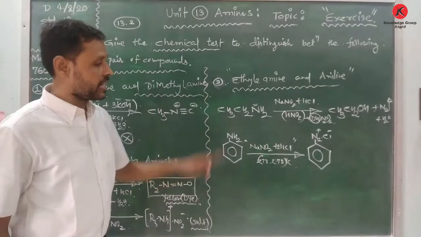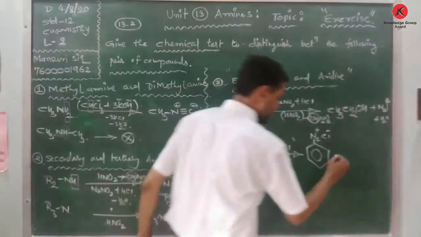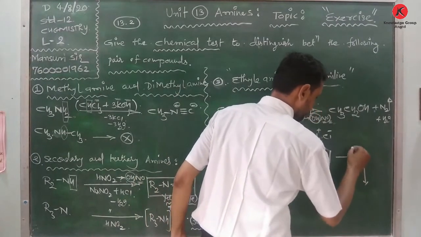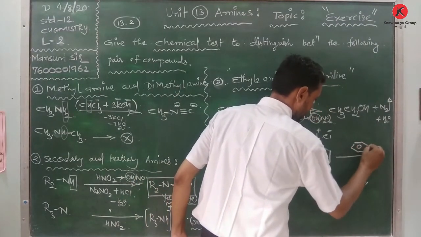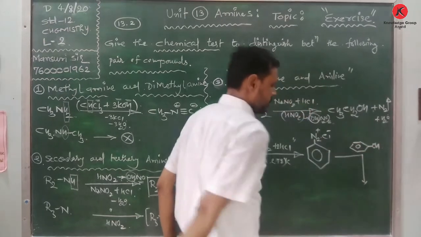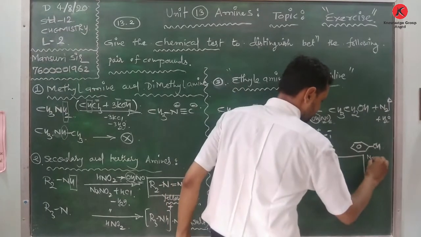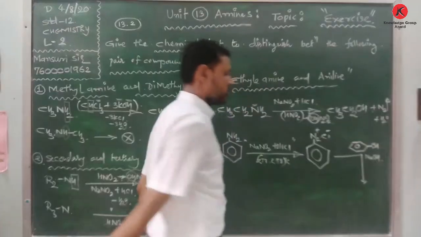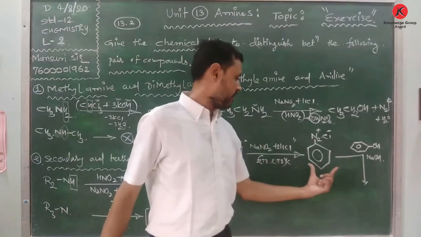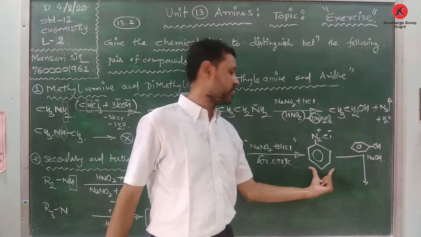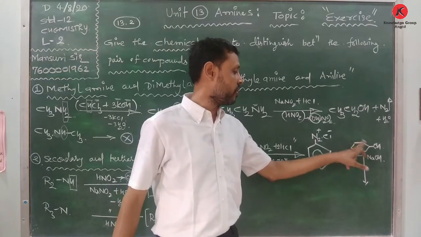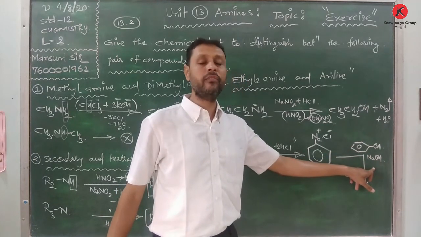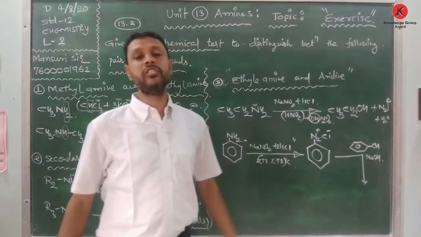Thereafter, after getting benzene diazonium chloride, it reacts with phenol, which is soluble in NaOH. So whenever benzene diazonium chloride reacts with the mixture of phenol and NaOH, then orange dye will be formed.